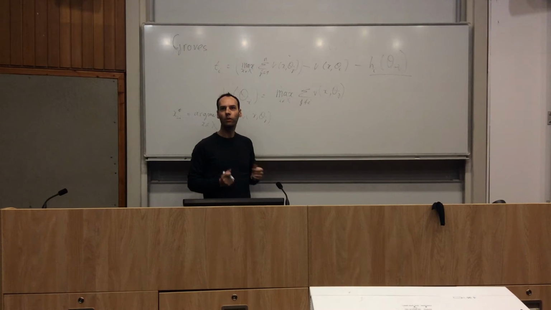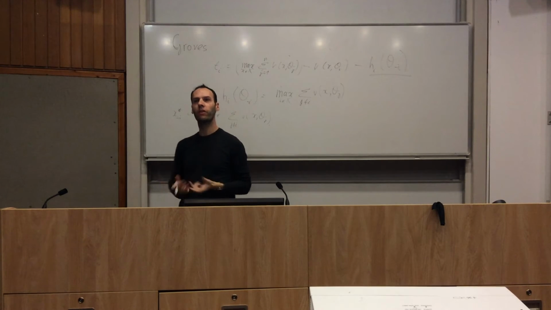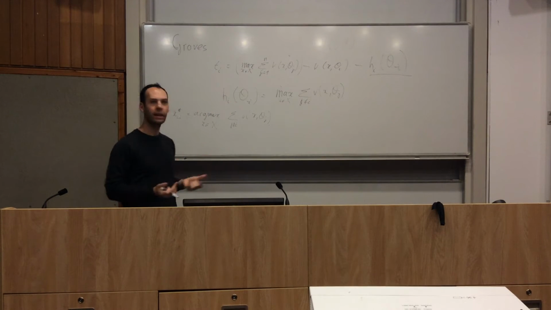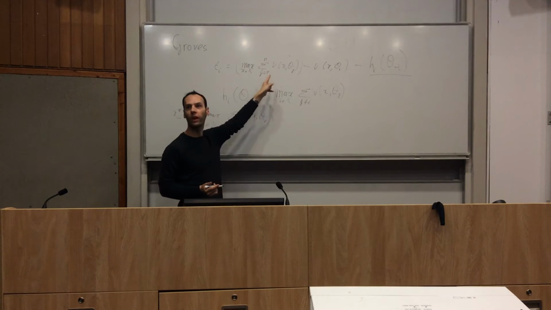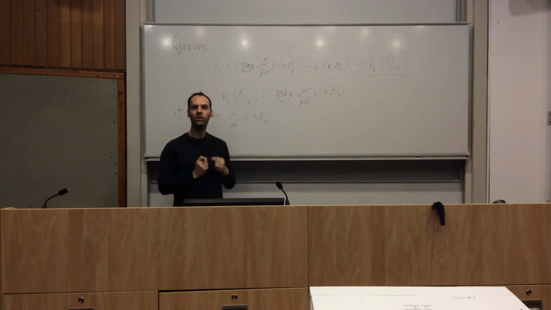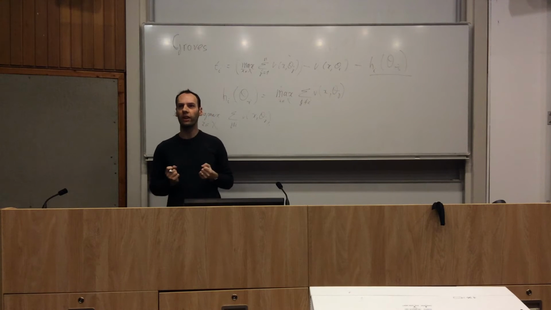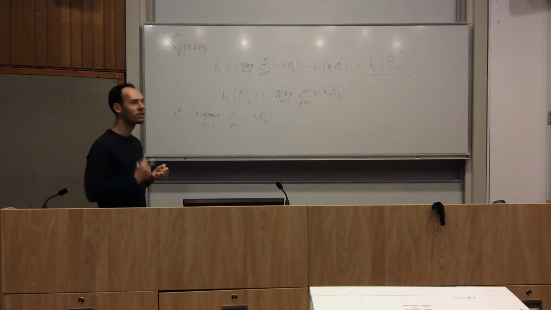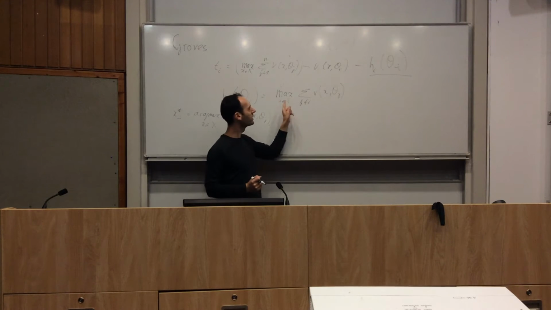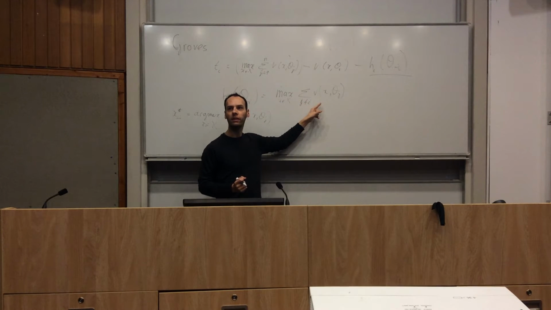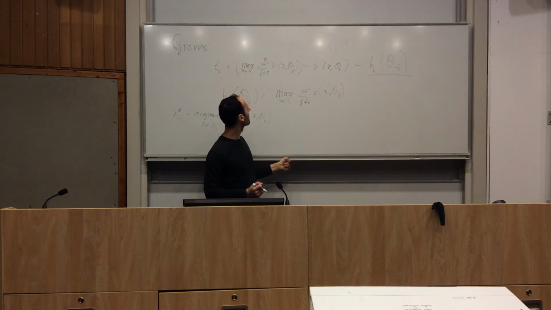If we remove agent I from the market and we rerun the market without agent I, we might get a different allocation. Because if in the optimal allocation we allocated some units to agent I, now we take agent I out and say, suppose agent I is not here. Let's take this agent I out of the market. Then we can still allocate it to all the other agents in the market.